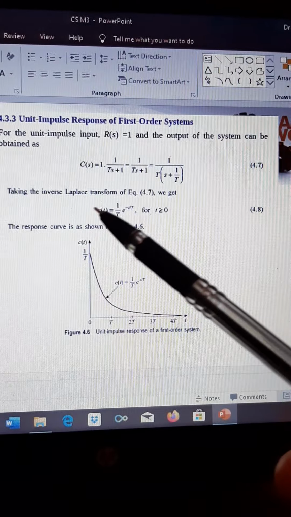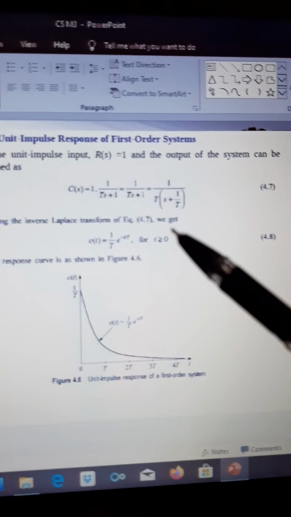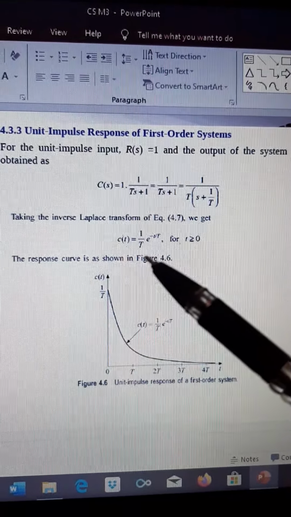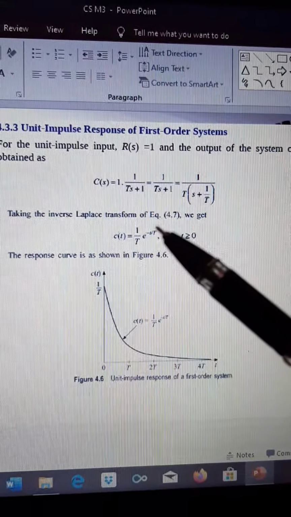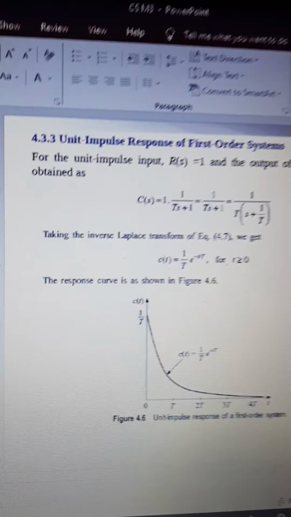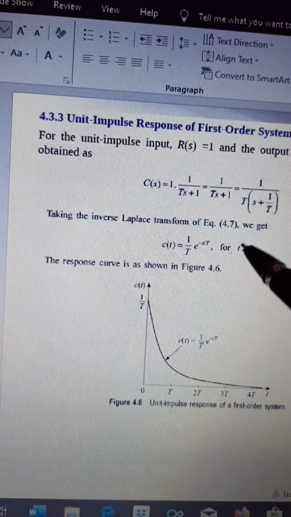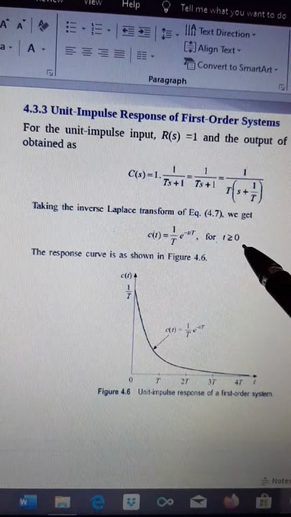Taking the inverse Laplace transform for the above equation, we get c(t) = 1 by T e to the power of minus t by T, where small t is greater than or equal to 0.